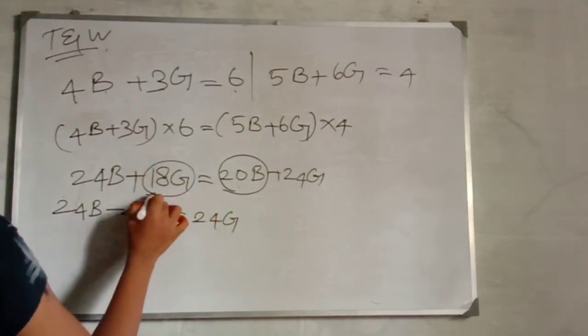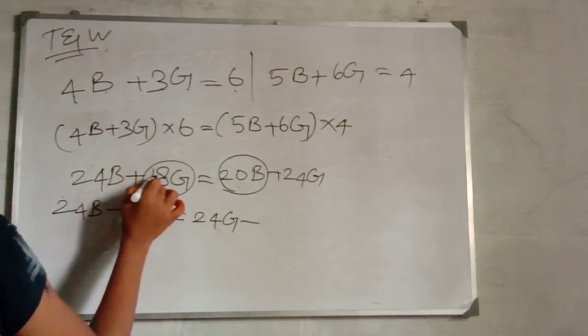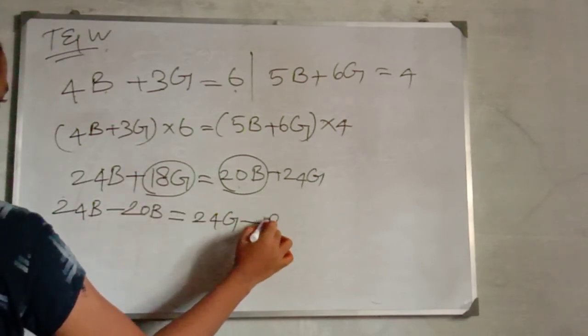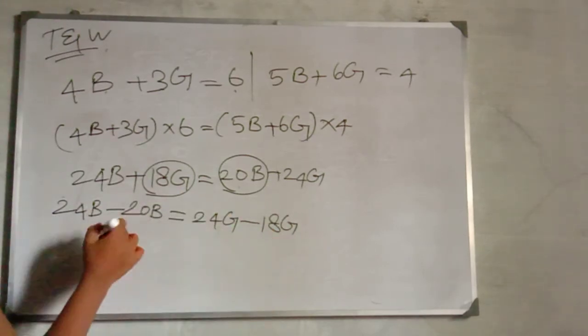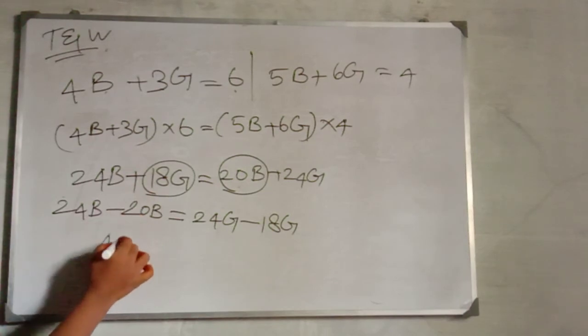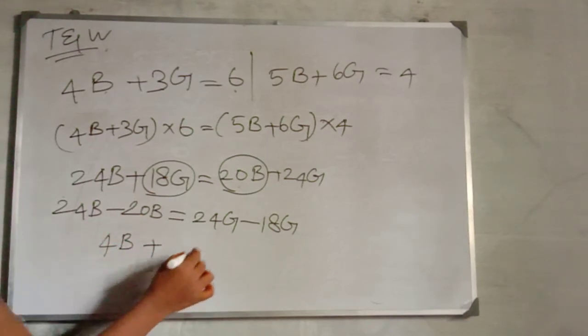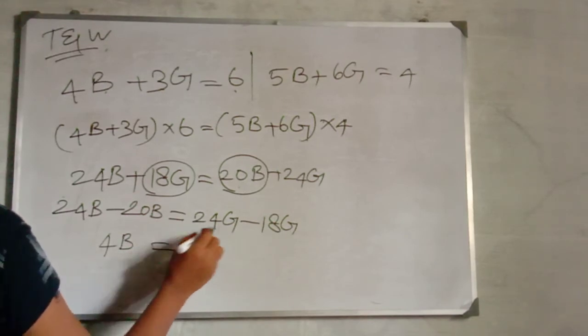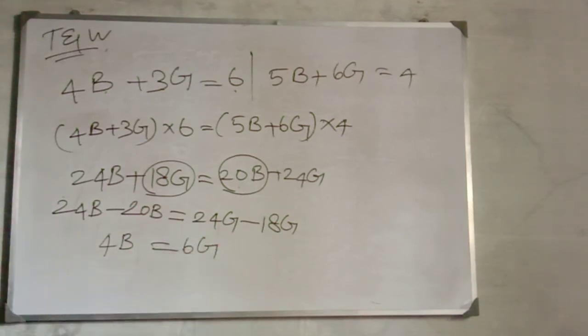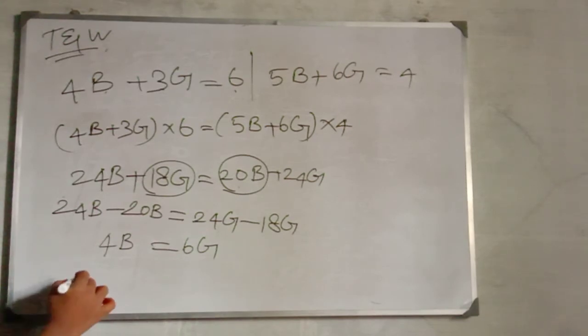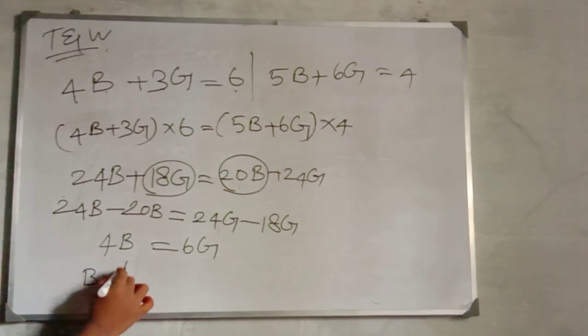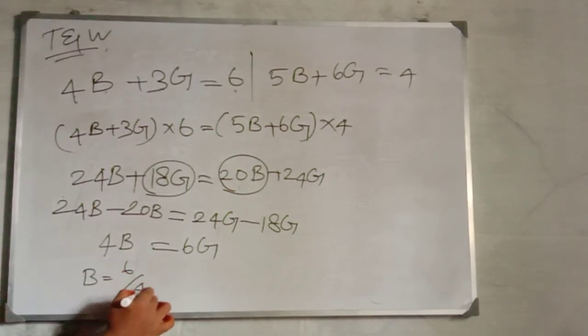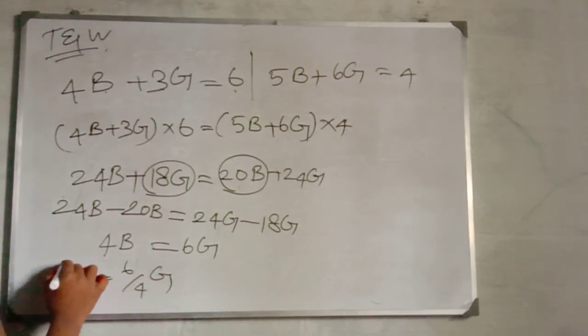We move 18g to the other side, so 24g minus 18g. So 24 minus 20 gives 4b is equal to 24 minus 18, which is 6g. So b is equal to 6 by 4g.